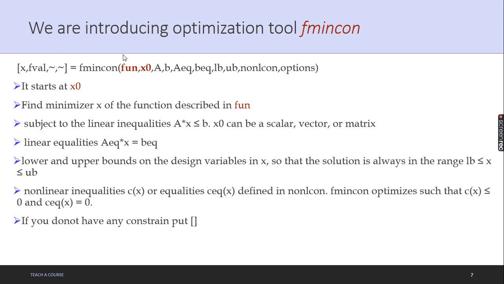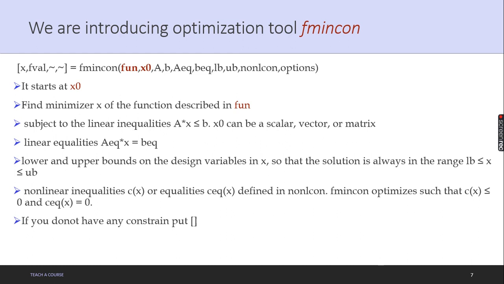A and b can be a matrix or vector for linear inequalities. So for example, if you know that x1, x2, the two unknown values, are somehow related with other variables, that can be given as a linear inequality constraint.